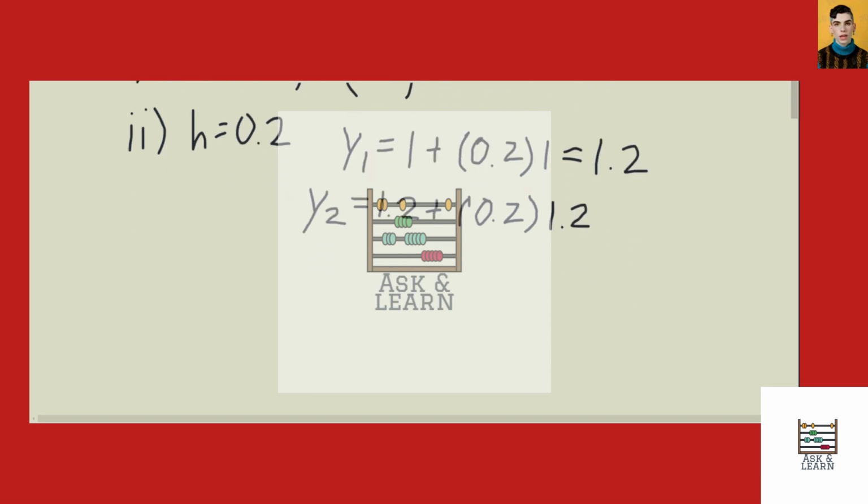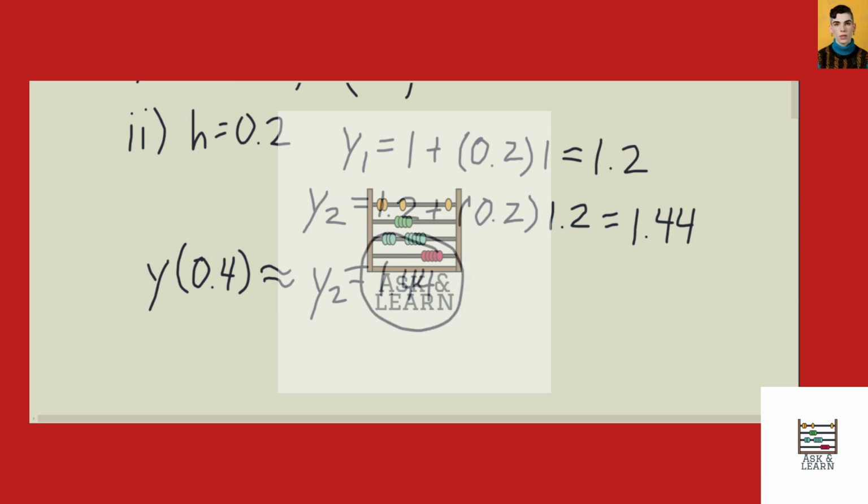This is equal to 1.2 plus 0.2 times 1.2, which is 1.44. So we see that with this step size, y of 0.4 is approximately equal to y of 2, which is equal to 1.44. There's our answer for part 2.